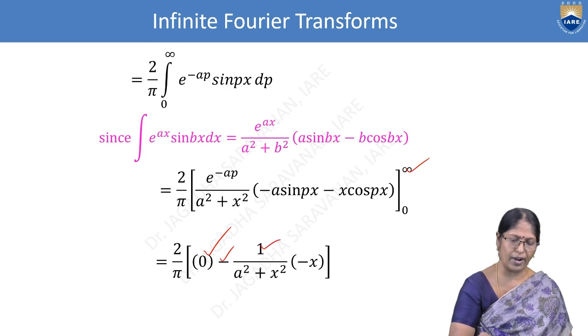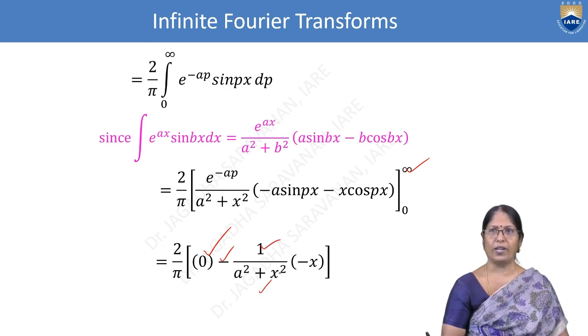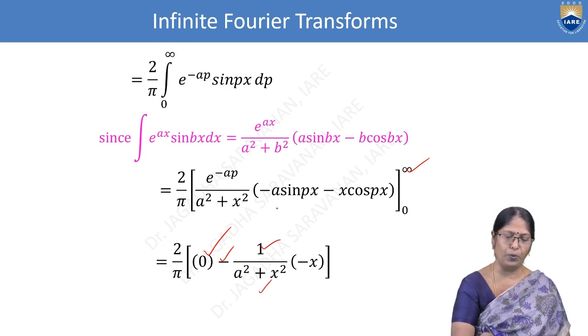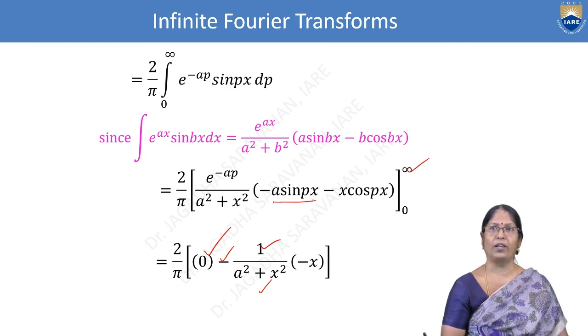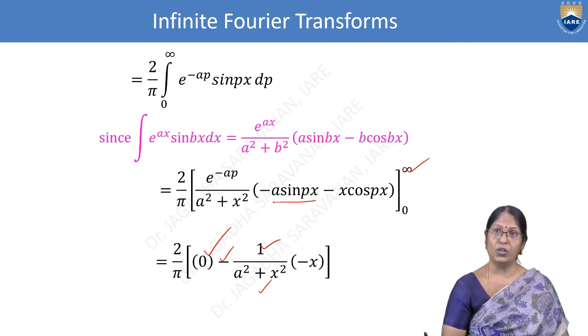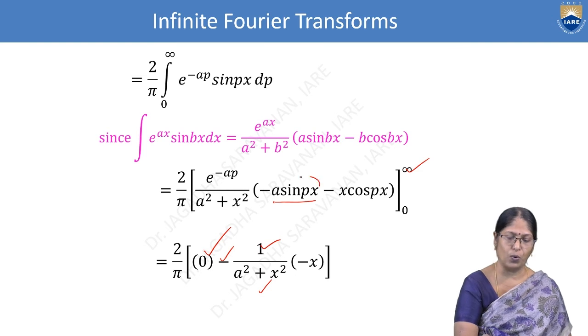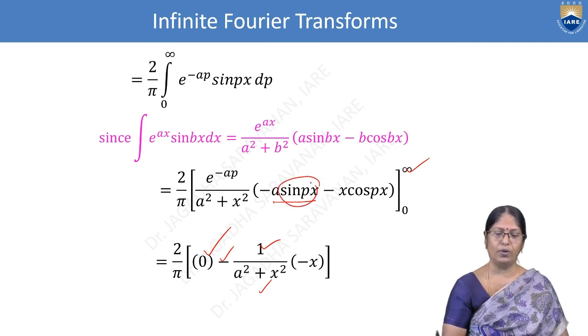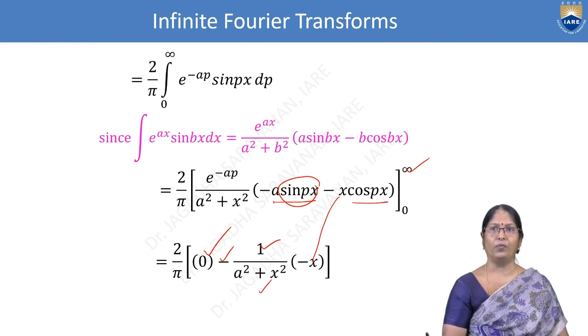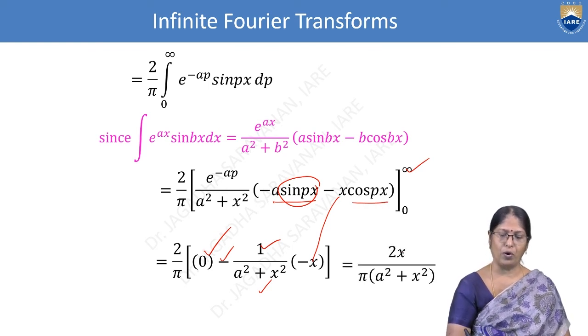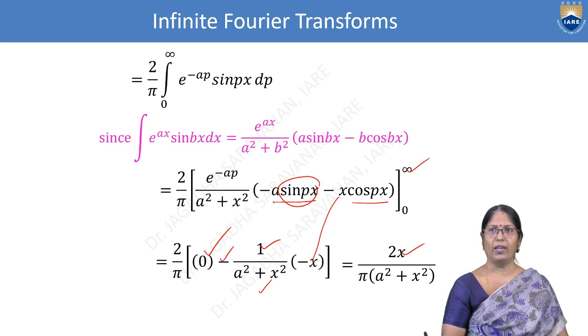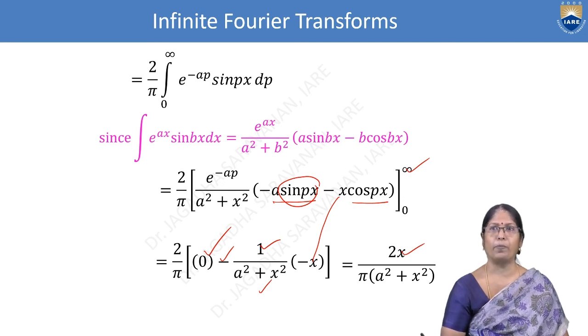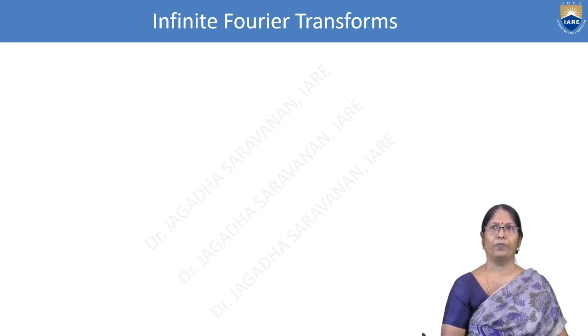So 1 divided by a square plus x square into, here substituting, we got 0 because sine 0 the value is 0, minus x cos 0, the value is 1. So we got 2x by pi of a square plus x square.